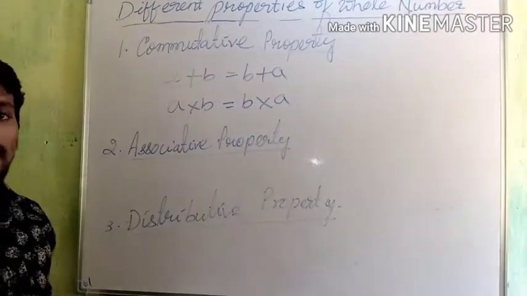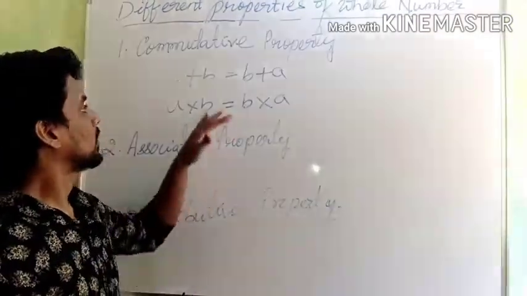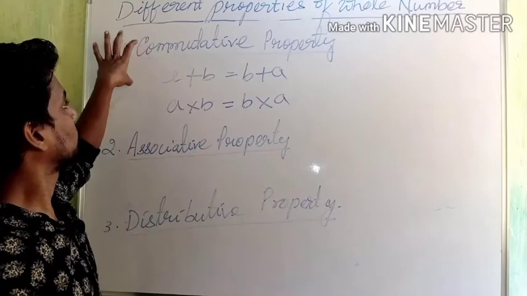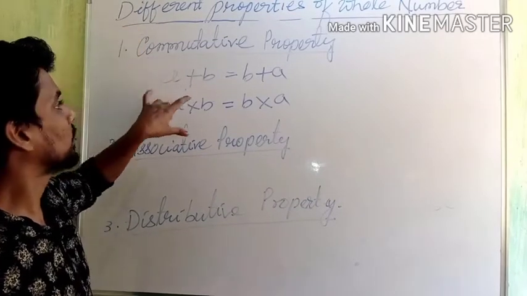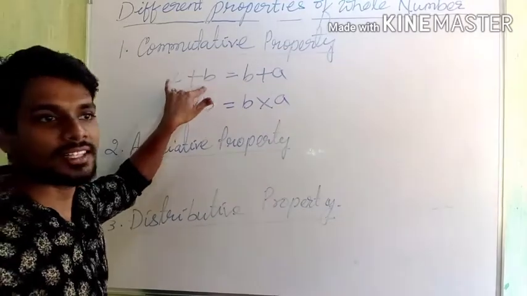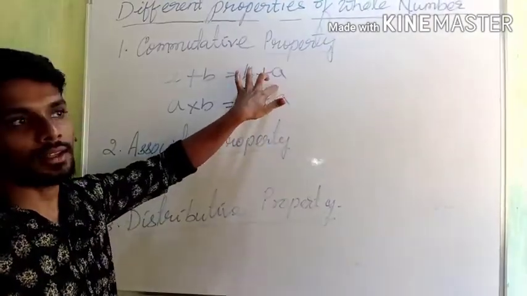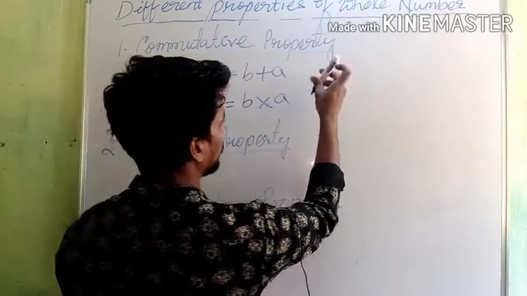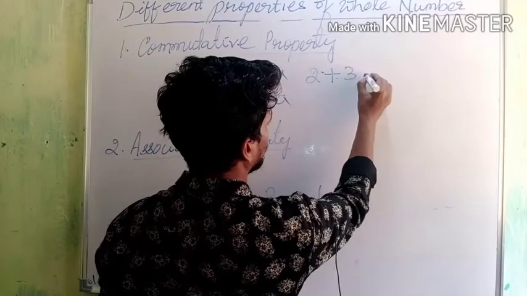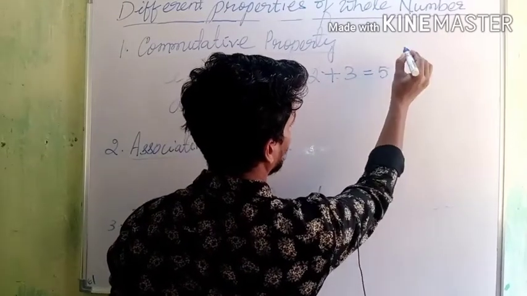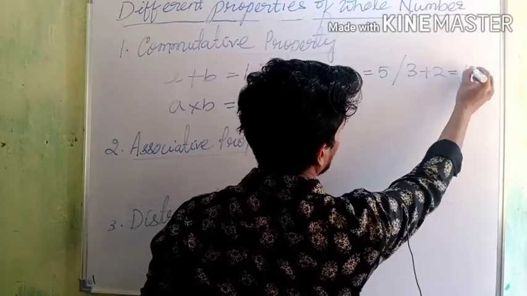For addition and multiplication of whole numbers, there is a property which is called the commutative property. When you add a plus b, whatever answer you get will be equal to b plus a. Just a small example: 2 plus 3, which is 5, or we can do 3 plus 2, which is 5.